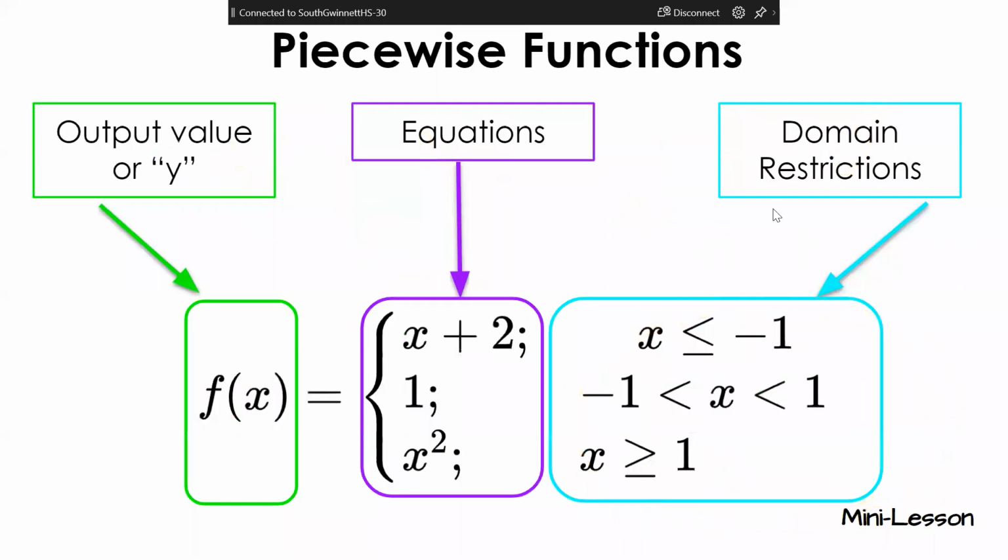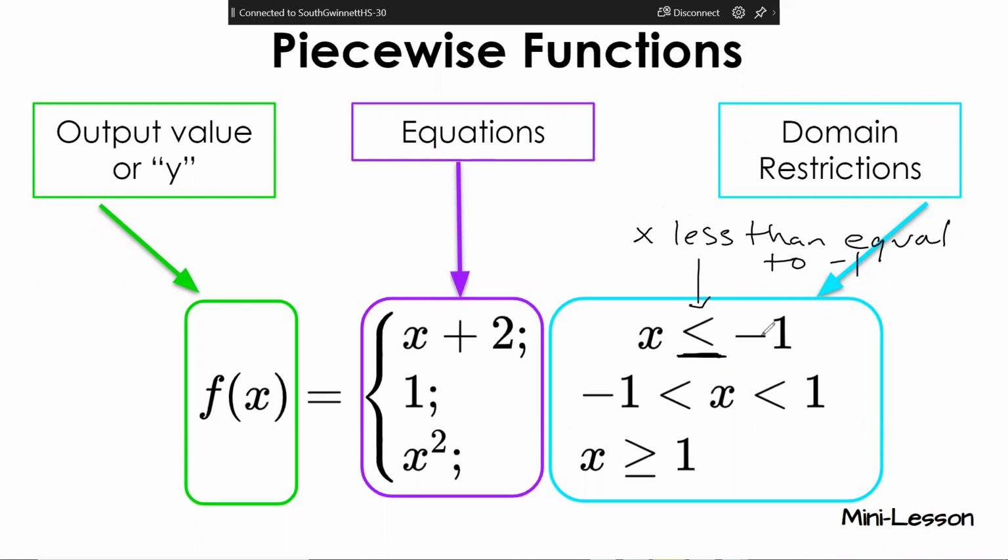So again, domain restrictions. One thing I do want to talk about is this underneath line. That means that x is less than or equal to -1.